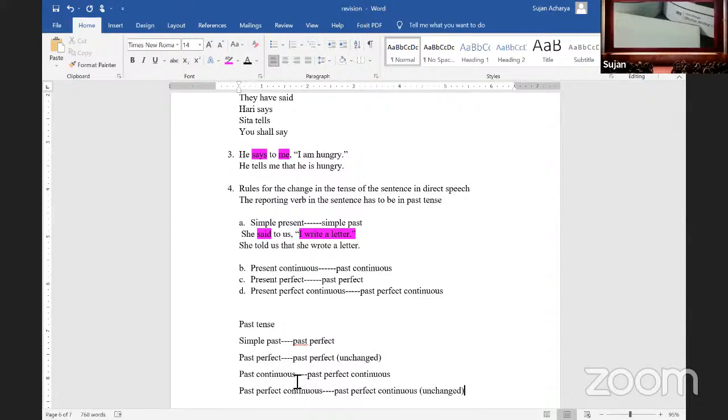Now look at these once again. If the sentence is in simple past, it changes into past perfect. For example, the teacher said to us, I wrote a book. The teacher told us that he had written a book. Here, I wrote a book, simple past, changes into past perfect.